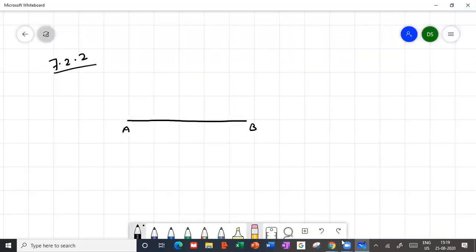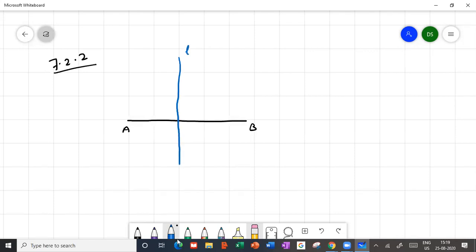What is a perpendicular bisector? It divides the line into two equal halves. Okay, and 90 degrees, correct. Yes, so both are important. First, it is 90 degrees, and second, it will divide it into equal halves.